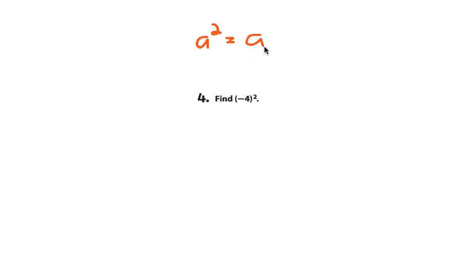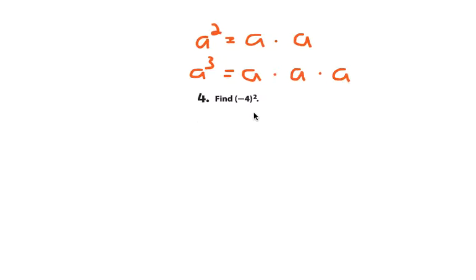Okay, so a times a. So that's what this little exponent means, just a little refresher. So what if it was a to the third power, or a cubed? Well, that'd be a multiplied by itself 3 times. So a times a times a.